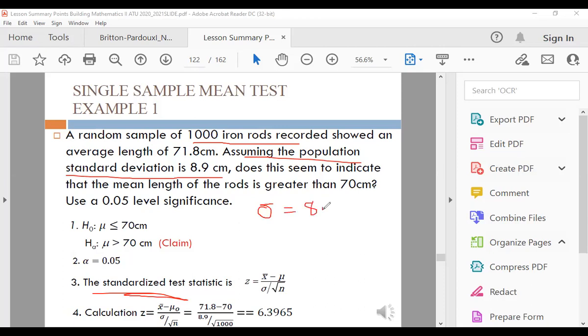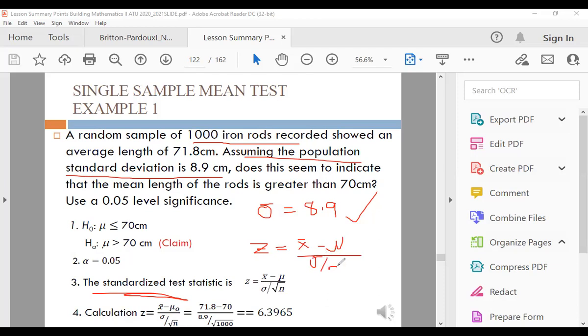So it is known. The moment sigma is given, you don't even ask of the sample size. You go straight away and use the Z statistic. Once it is approximately normal and sigma has been given, you make use of the Z statistic.